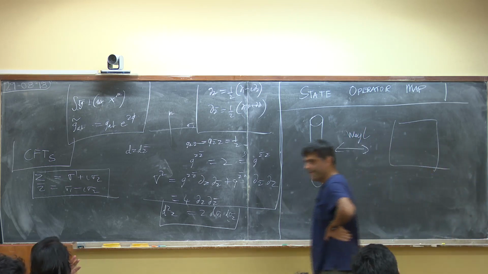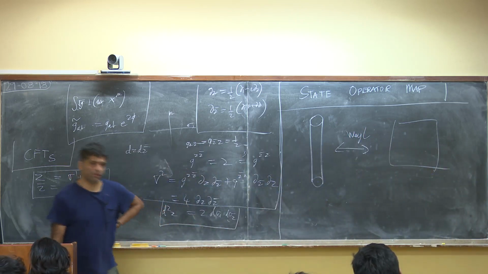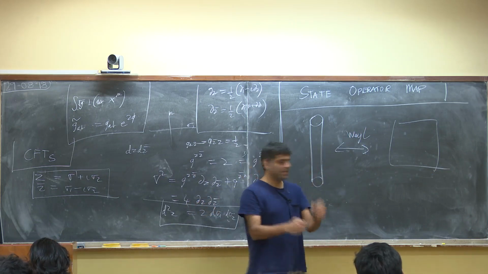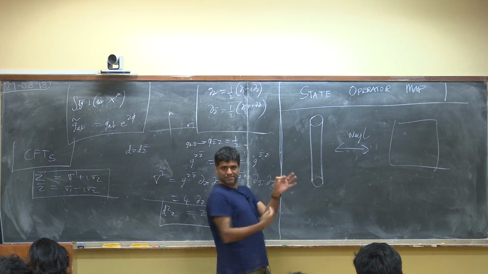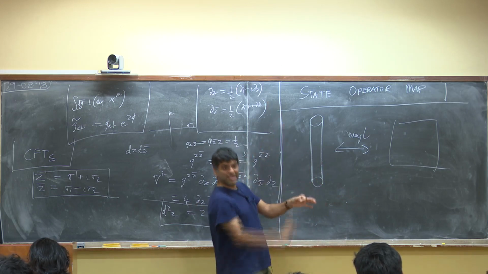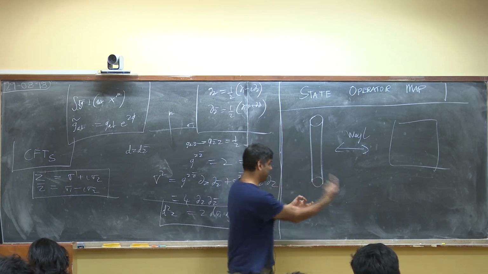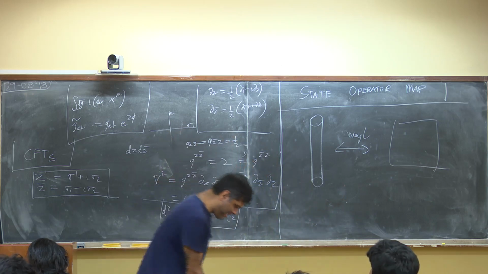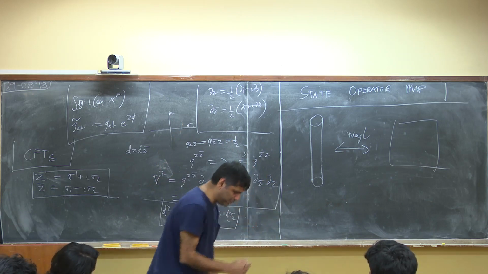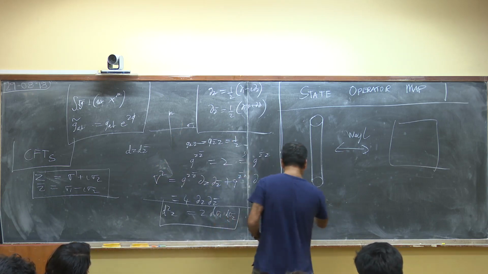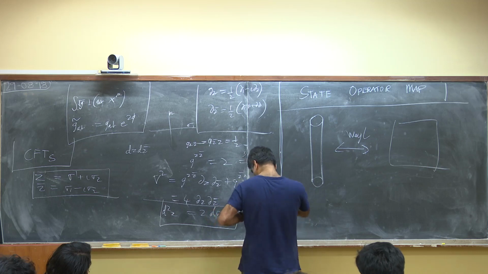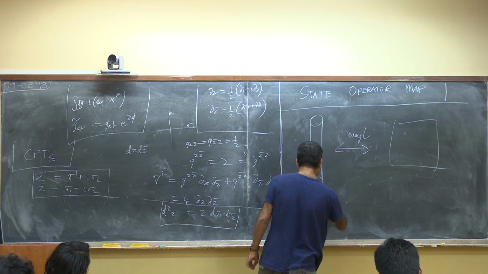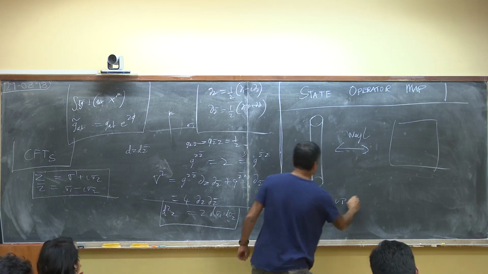In order to see this, let's say I've got a cylinder with sigma 1 going along the space direction and sigma 2 going along the axis. I define w to be equal to sigma plus i times tau.